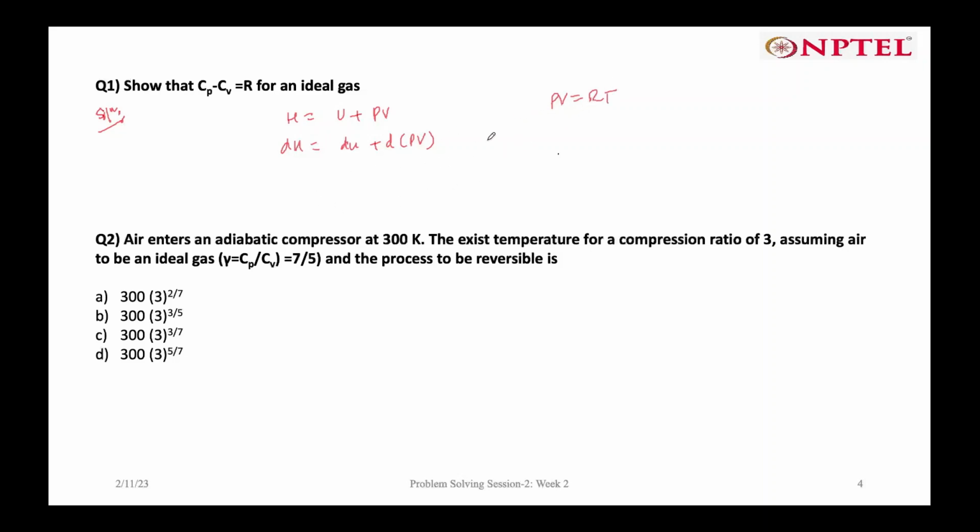So put the PV value here: PV is equal to RT. Here R is a constant, that's why it is outside, right? Now we can write dH is equal to Cp dT, right? And dU is equal to Cv dT.